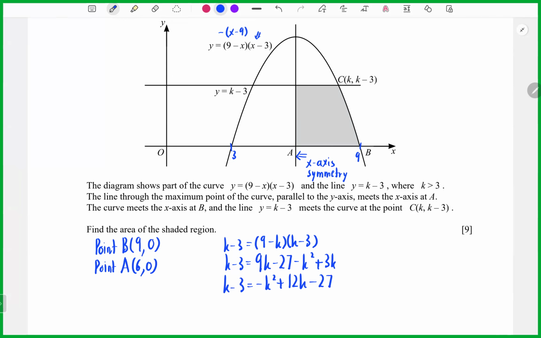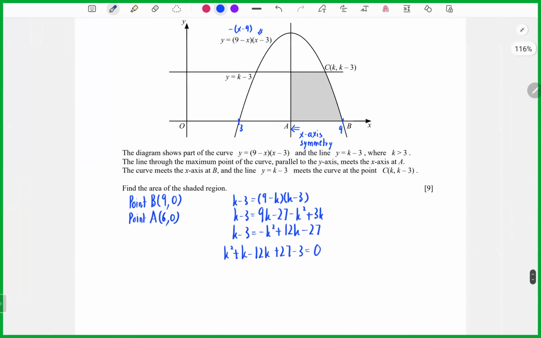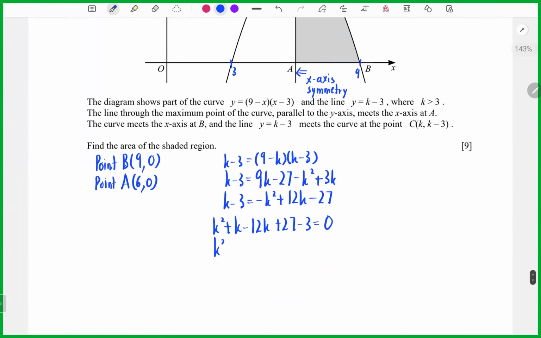Now we can move everything to the left hand side. You will get k squared minus 12k plus k plus 27 minus 3 equals 0. So k squared minus 11k plus 24 equals 0.